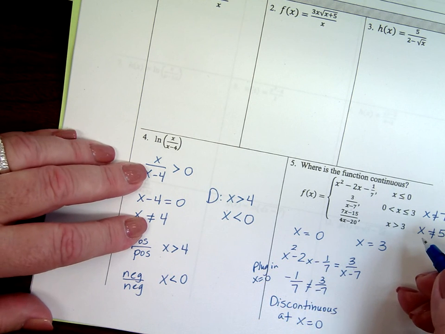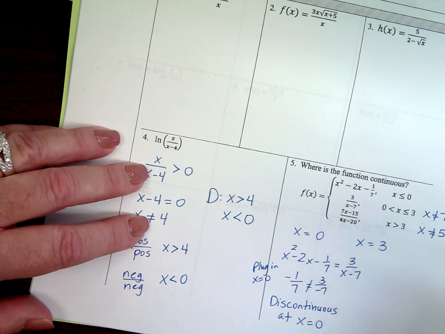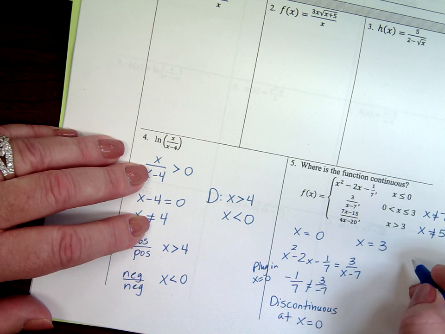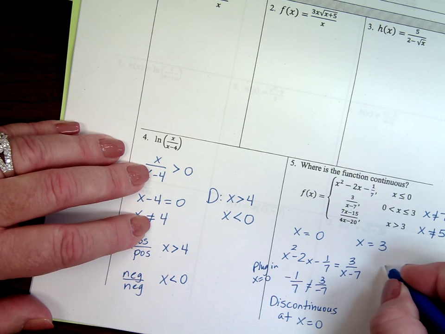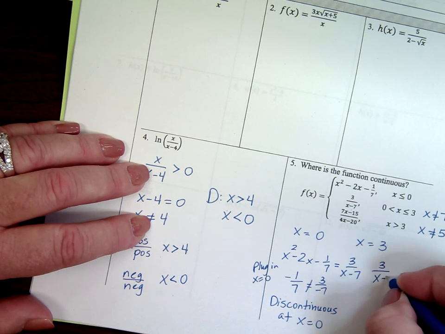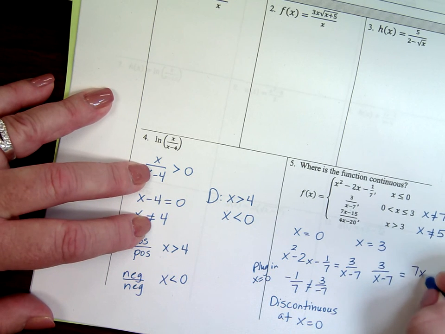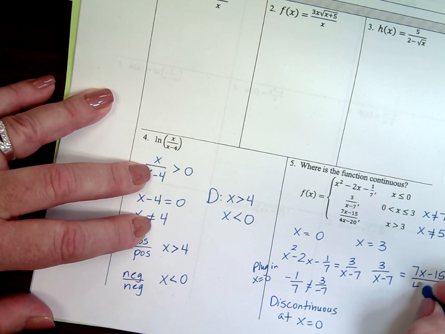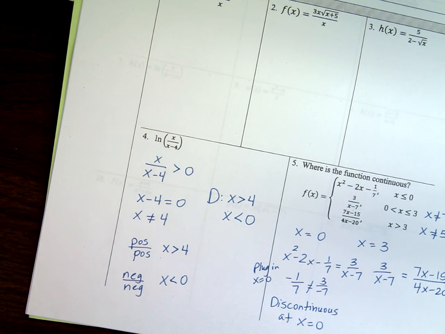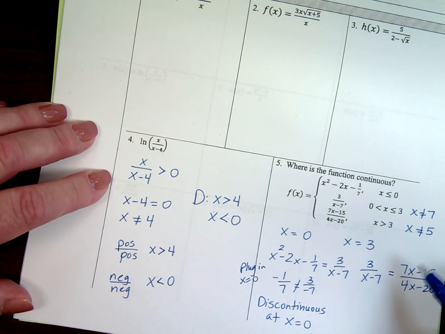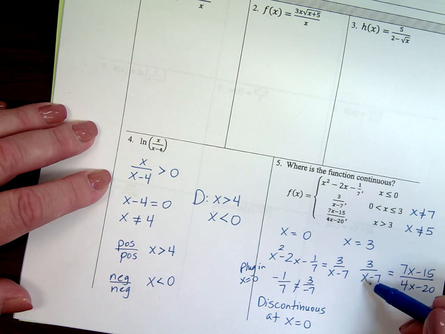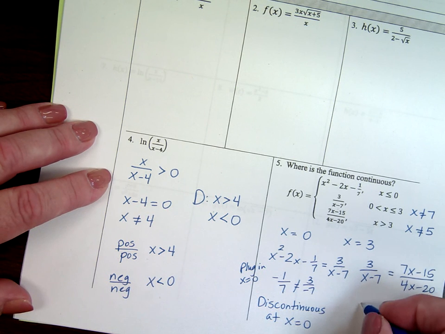Okay, then I'm going to go over here and figure out what it's doing at 3. So, doing the same thing, but now I'm using the bottom two equations because they're the ones that involve the 3. I want to know, is 3 over x minus 7 equal to 7x minus 15 over 4x minus 20? The number I'm concerned about is the 3, so I'm going to let my x's be 3 and see what happens. If I let x be 3, I have 3 over 3 minus 7, which is negative 3/4.